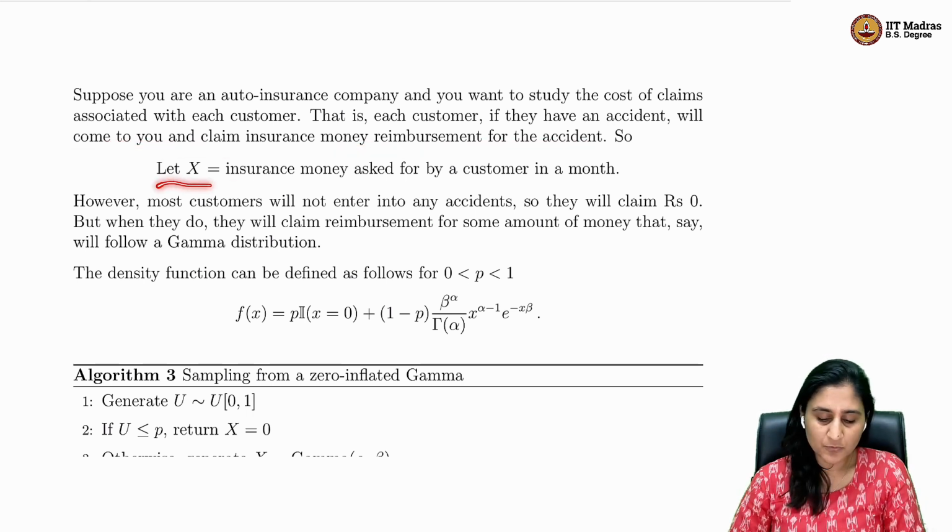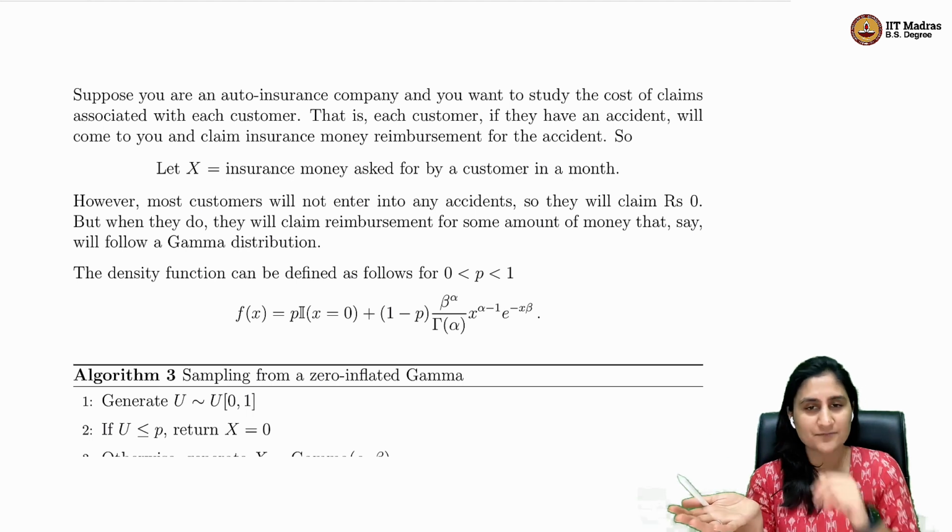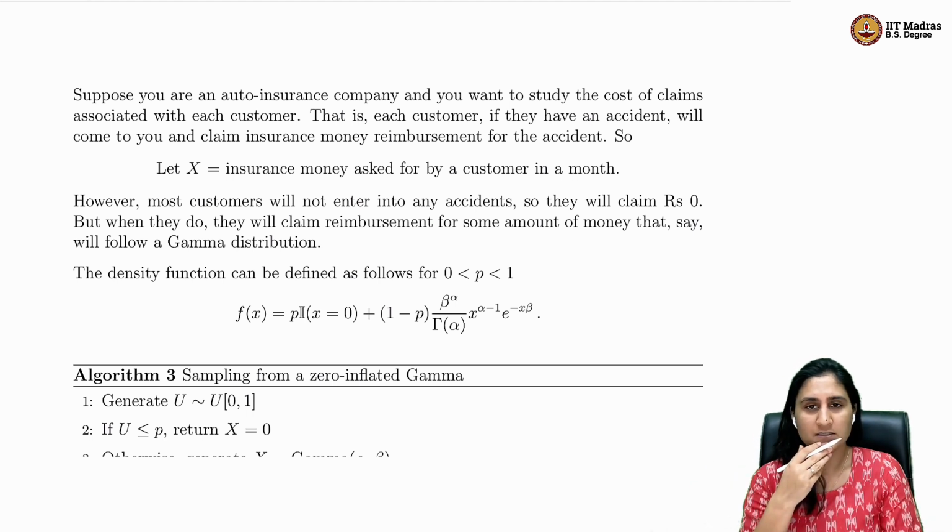So let X be equal to the insurance money asked for by a customer in a month. The company has various customers, and X is the random variable that is the insurance money asked for by customers in a month.